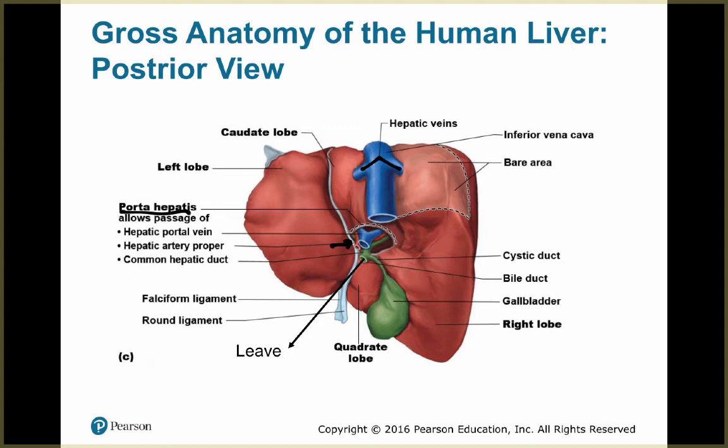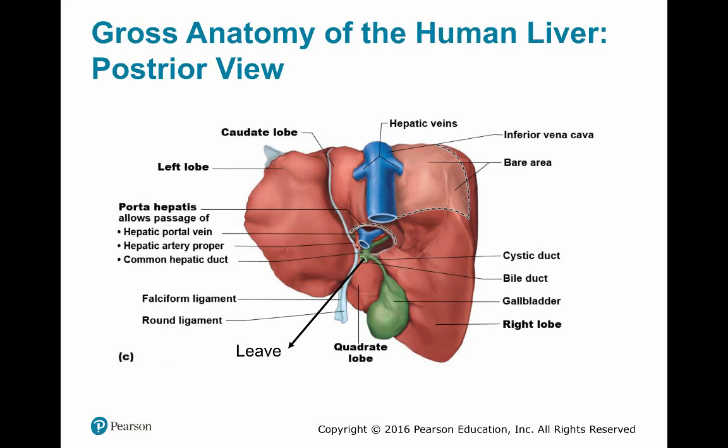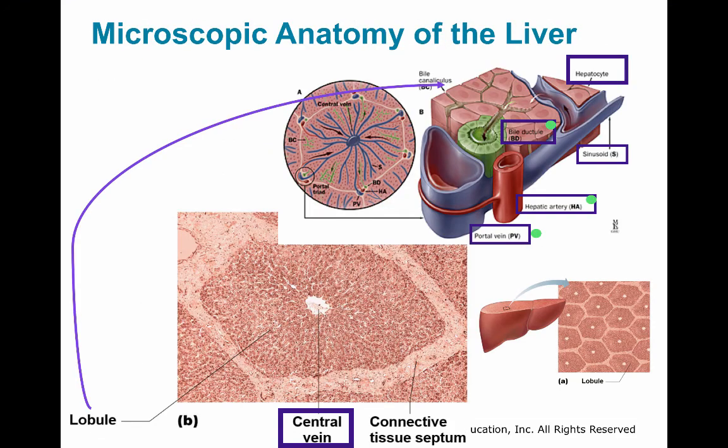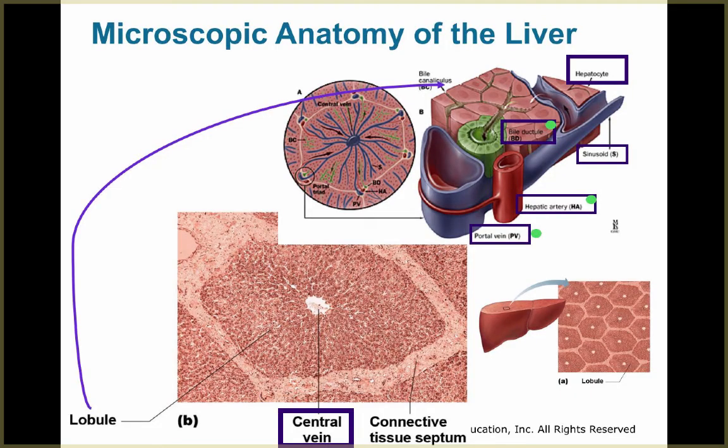Now, when we look at the liver itself, this is the gross anatomy. We can look at the microscopic anatomy, and this is the anatomy of the liver itself. Here you can see we're taking these lobules and we're blowing them up, right?